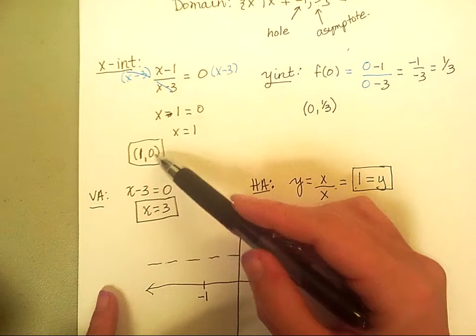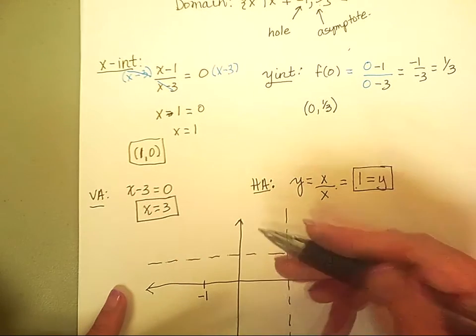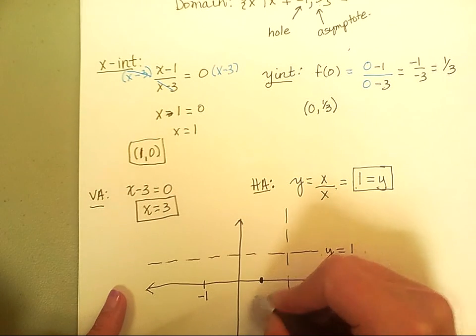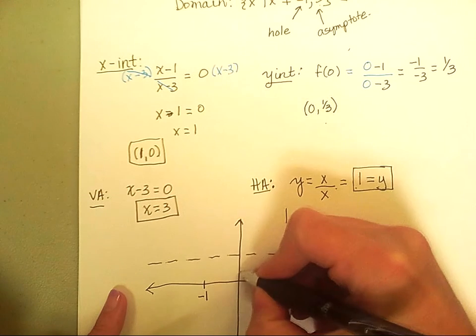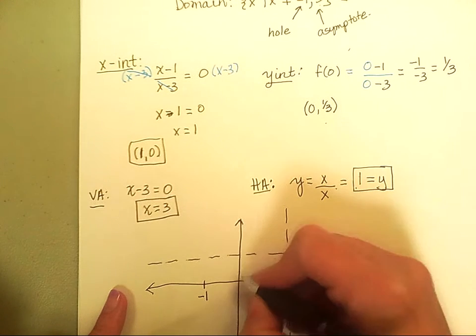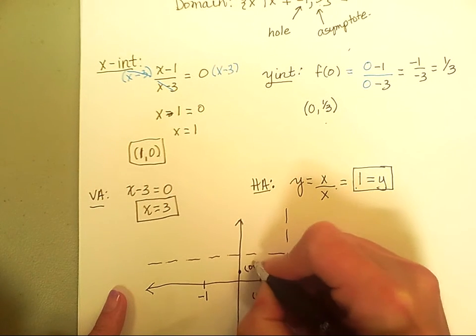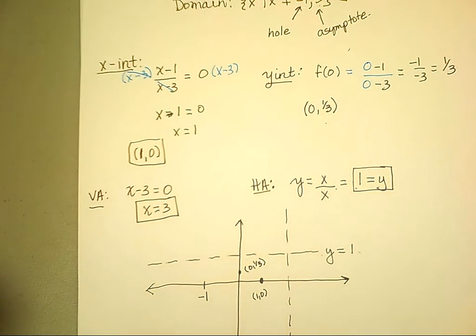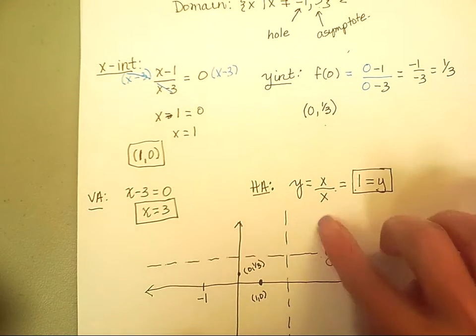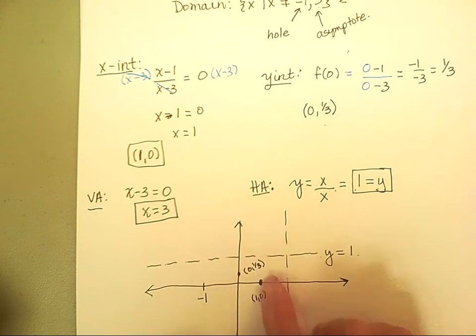Okay. So let's plot what we have. We have the x-intercept at 1, 0. And the y-intercept at 0, a third. So that's approximately here. Okay. And now we know 2 points. So basically we have 4 different areas of the graph.